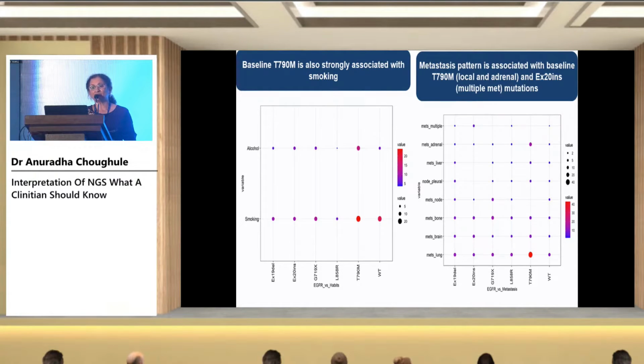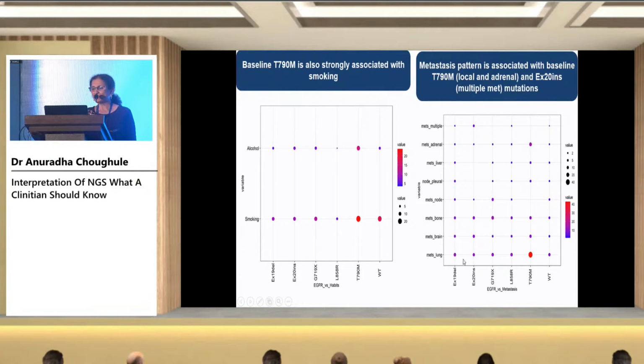Again, the T790M mutation is strongly associated with smoking as compared with exon 19 or exon 20 insertions and G719X. Coming to the metastatic pattern, we found that baseline T790M mutation is highly associated with local and adrenal metastases, and exon 20 insertions were also found to be high in multiple metastases.